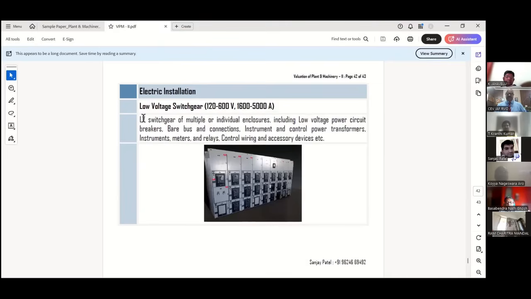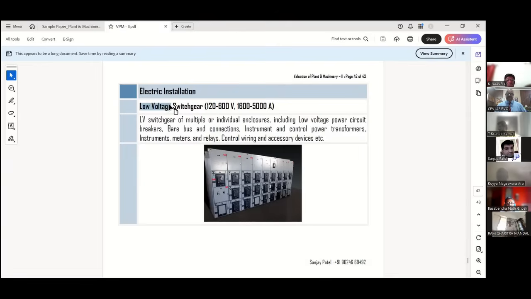Same switchgear. So low voltage switchgear has multiple individually enclosed low voltage power circuit breakers, bare buses, connections, instruments, power control, power transformer, instruments, meters and relays.